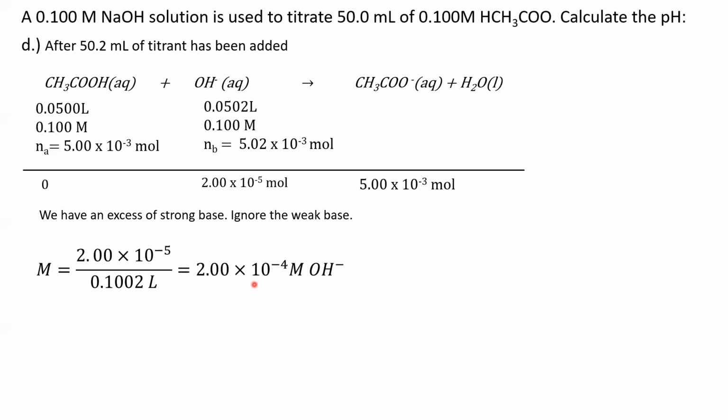We can calculate the pH because we have the concentration of hydroxide. Calculate what the pH will be at this last point in our titration. Take the negative log of hydroxide, that's going to give you pOH. Subtract it from 14, that'll give you the pH.